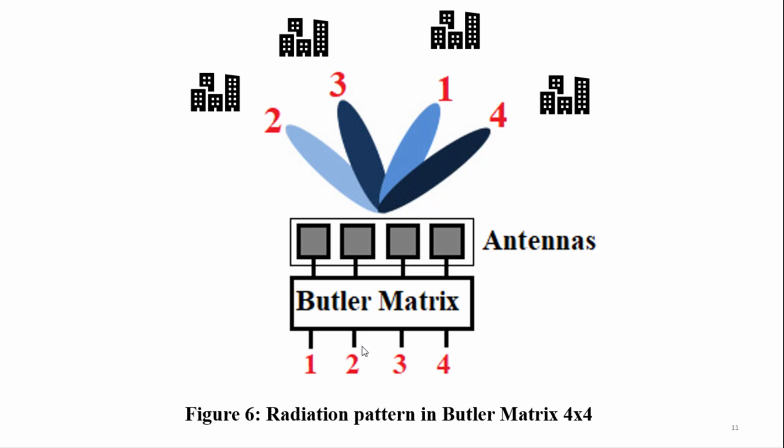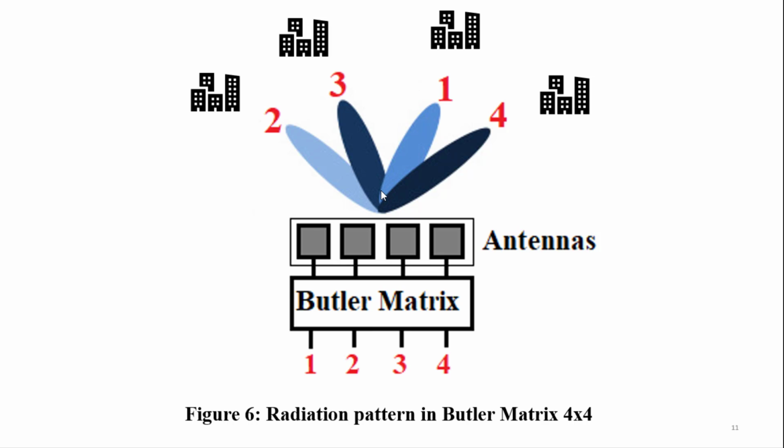Okay, if I excite the second port, I can observe that I have another main beam toward the desired direction 2, and likewise for input 3 with output 3, and for input 4 I have direction 4 in output. So if I excite the fourth port, here I obtain a main beam in output 4.